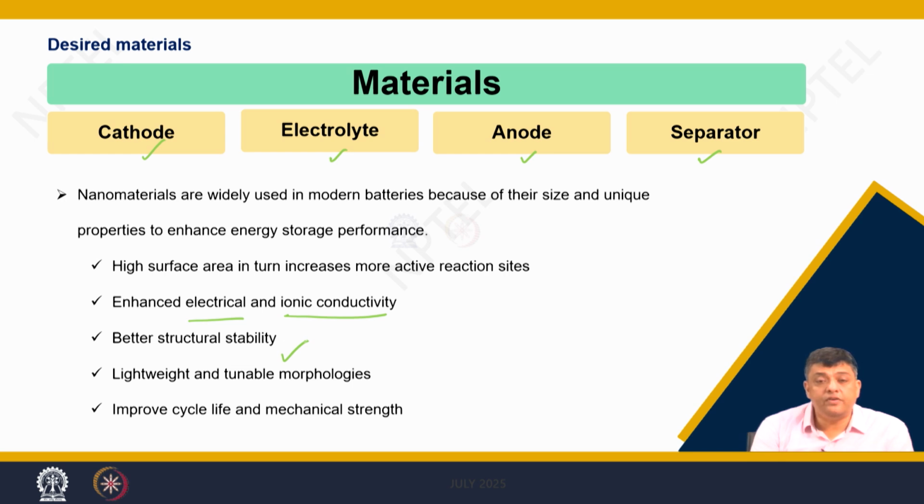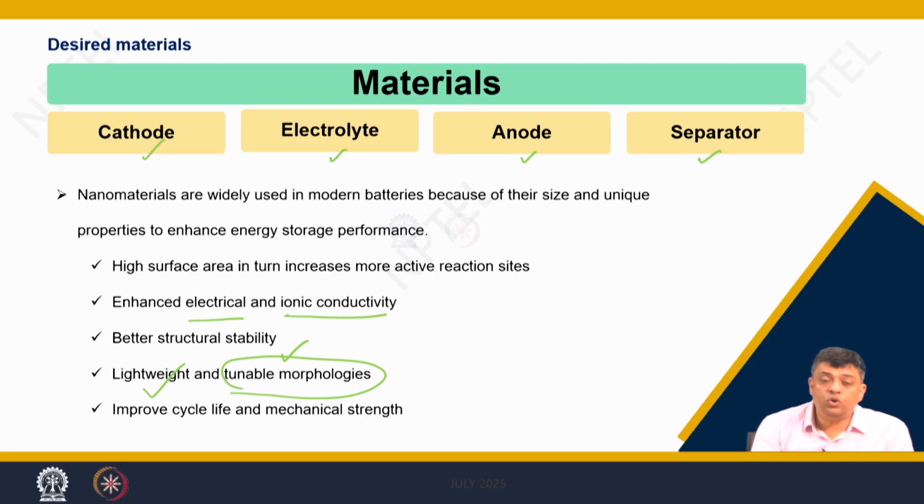So, you can have materials which are structurally stable. So, you can make batteries which are very stable. You can have lightweight batteries. You can have tunable morphologies of nanomaterials that will be used in these batteries.